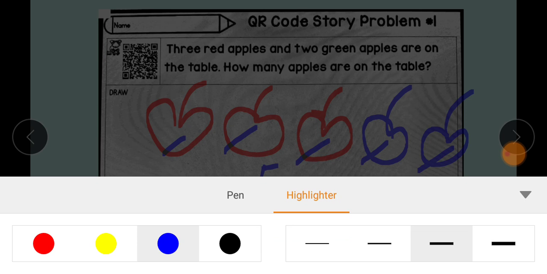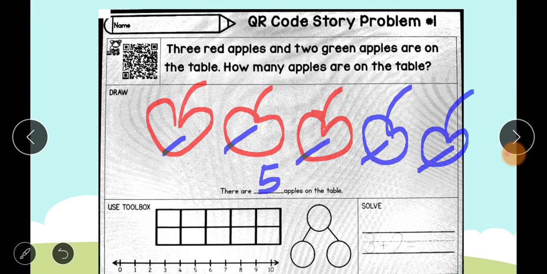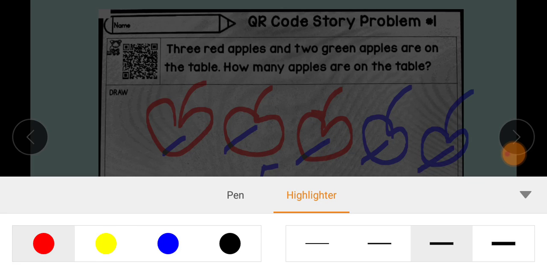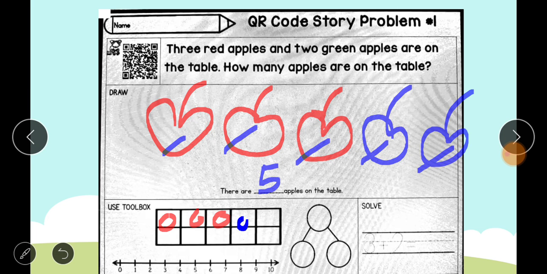we have 3 red apples. 1, 2, 3, and then we have 2 green apples. How many apples are there? We have 5 apples.